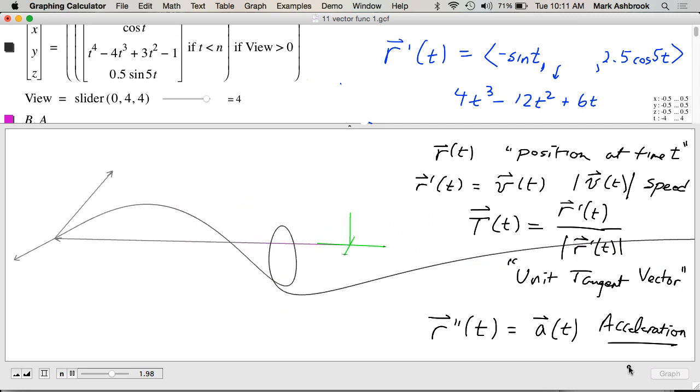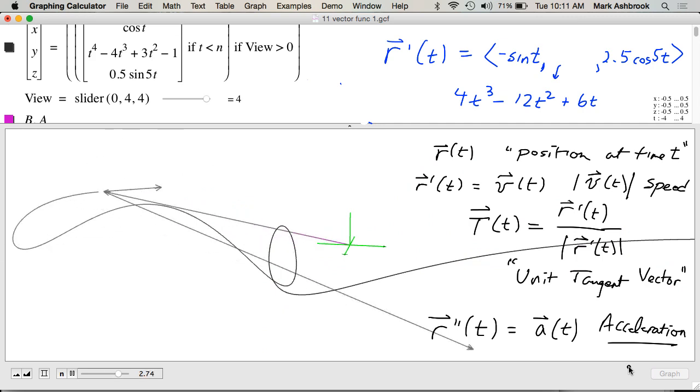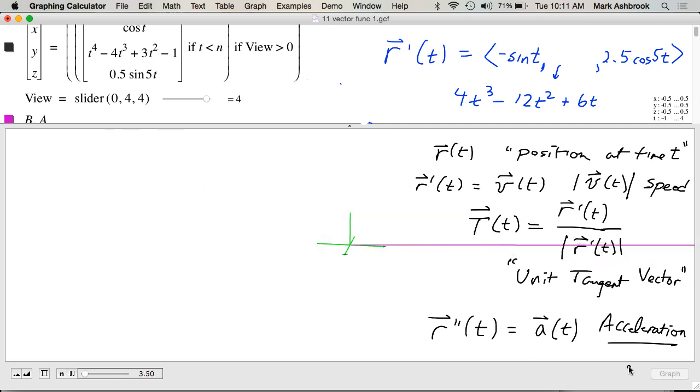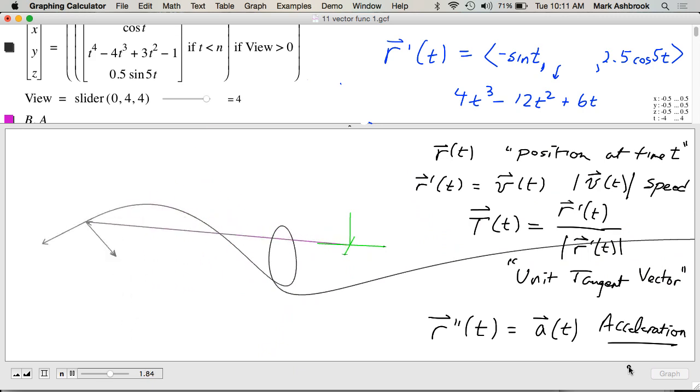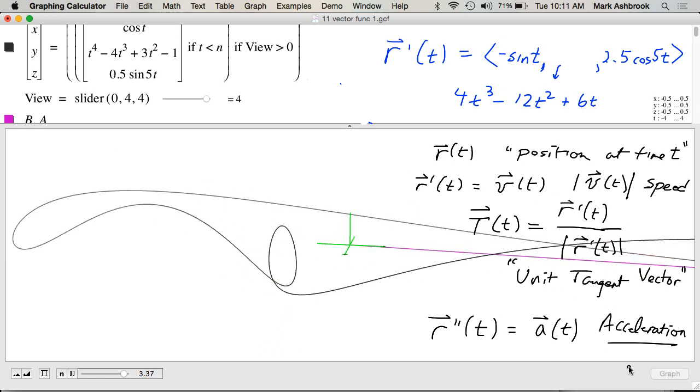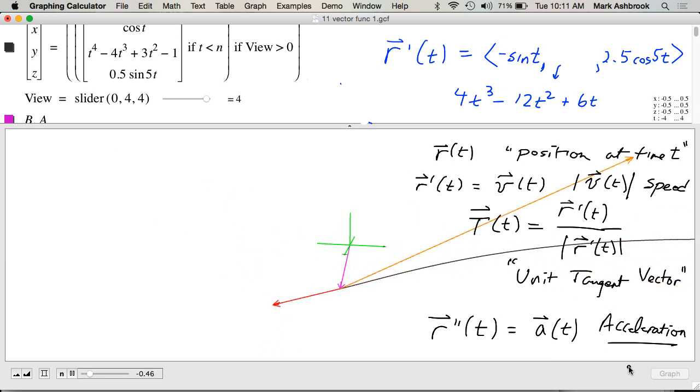This r double prime is hard to use by itself, though we can find it easily. It would be negative cosine t, 12t squared minus 24t plus 6, and then negative 12.5 sine 5t. Just take the derivative again and you get r double prime t.